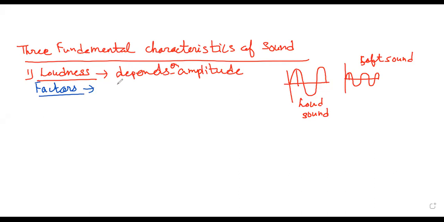First, it is directly proportional to amplitude. The greater the amplitude, the greater the loudness. Second, inversely proportional to distance. Which distance? The distance between listener and source.